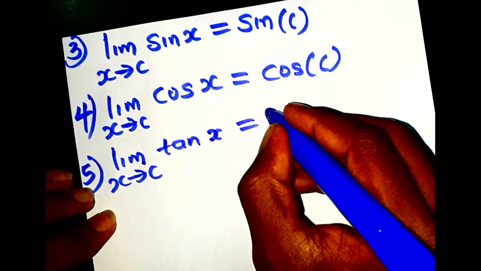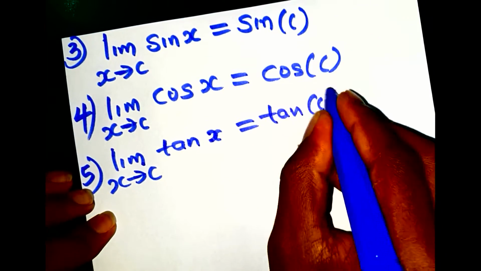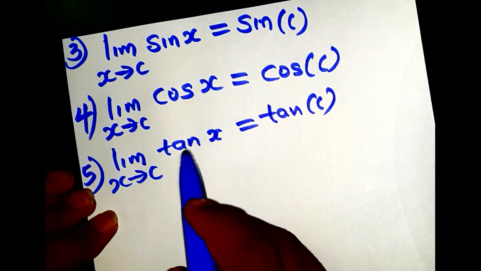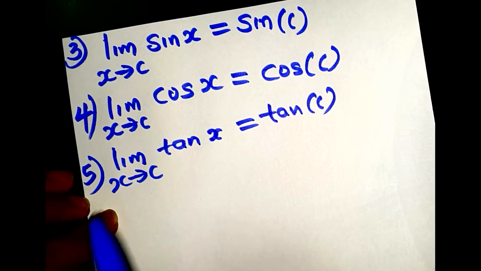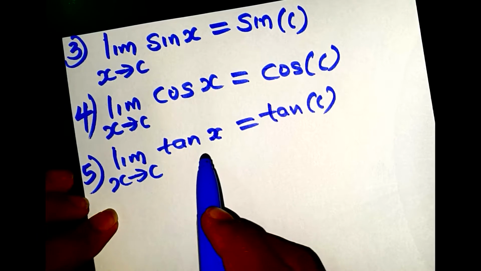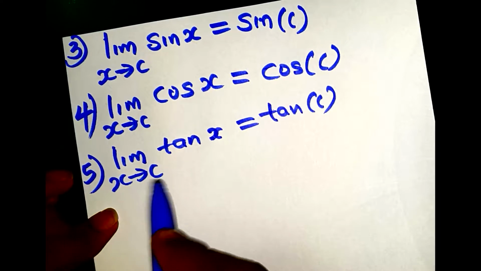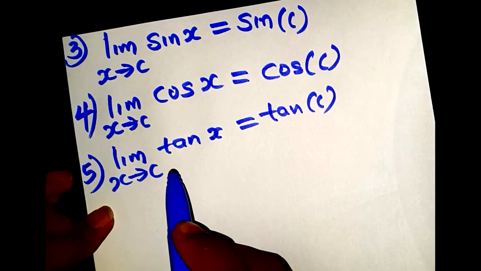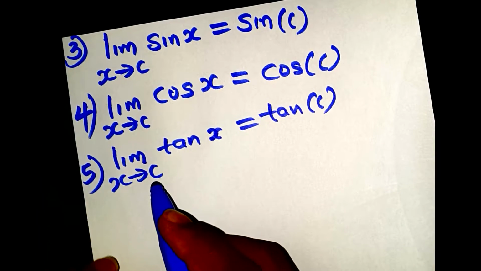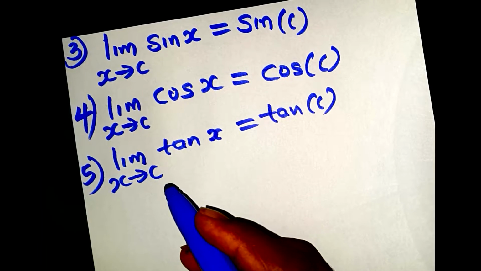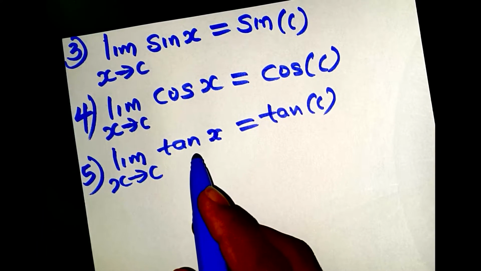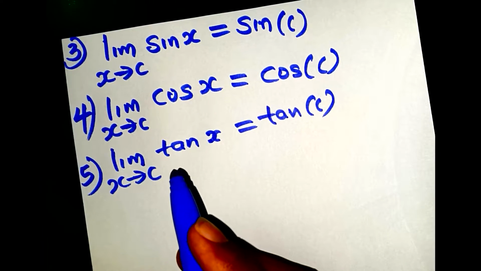Still the same thing, still tan c. Regardless of the trigonometric function, you just have to replace x with c. Even cot, secant, and so many others, you just have to replace x with what x is tending to.